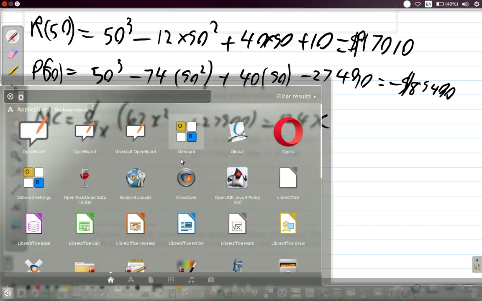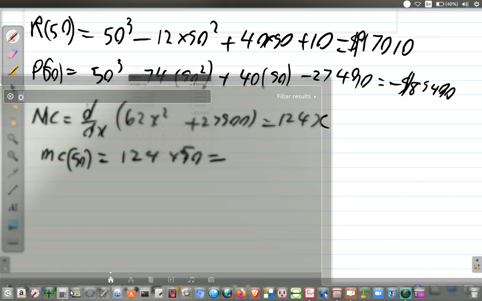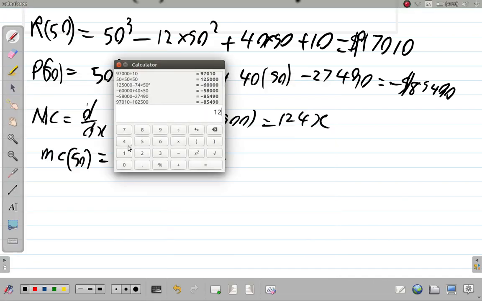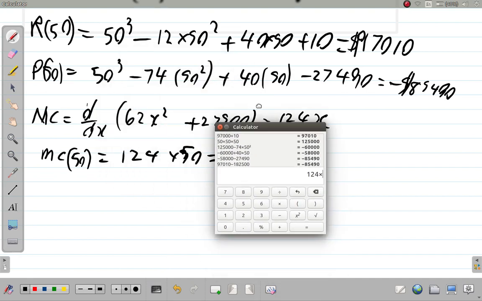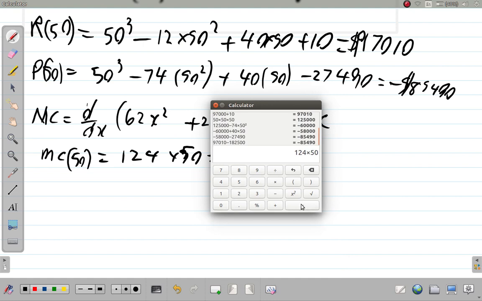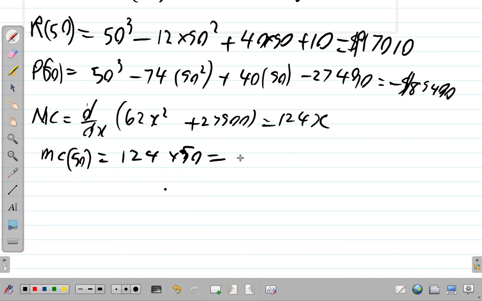So 124 by 50 equals 6,200. So it's 6,200. That's the marginal cost at 50.